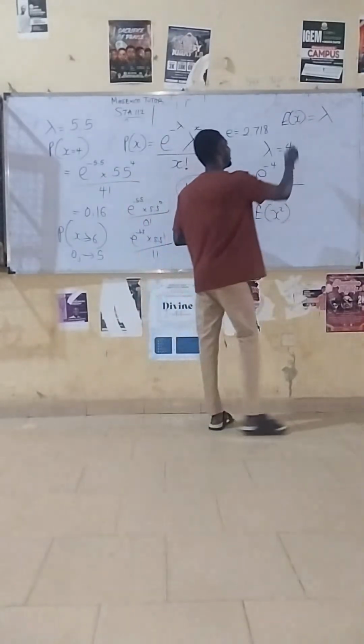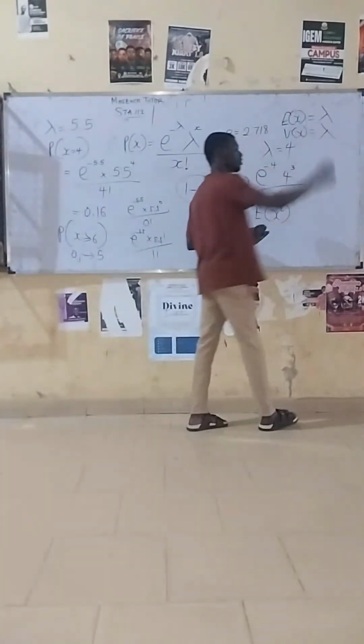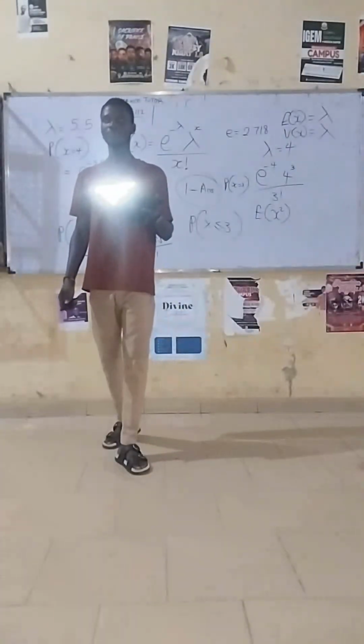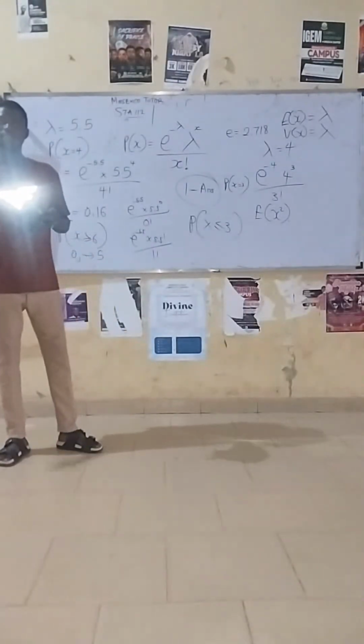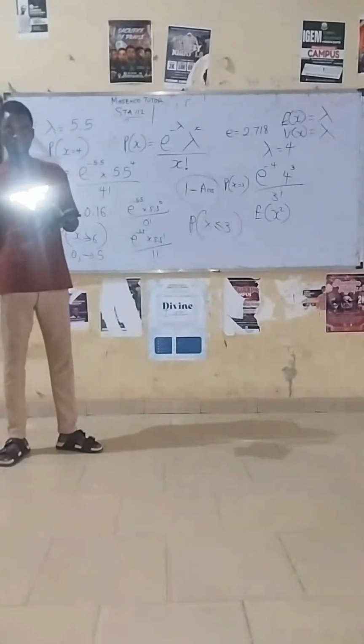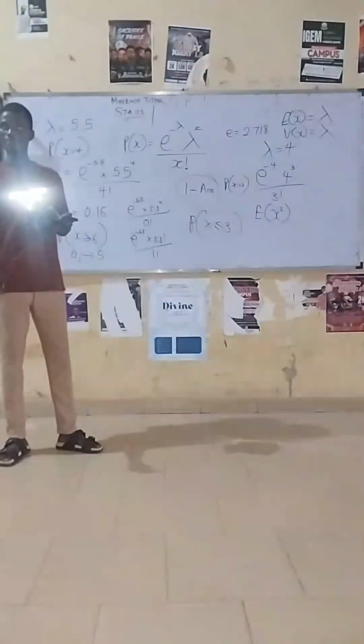Lambda. Then the variance is also what? Lambda. They are the same. For Poisson distribution, mean is lambda. Variance is also lambda. But now, how do we get E of x squared from that formula for variance?